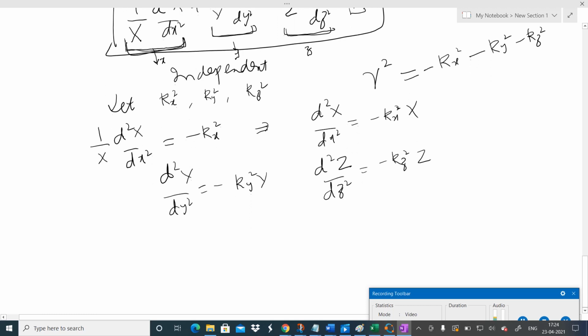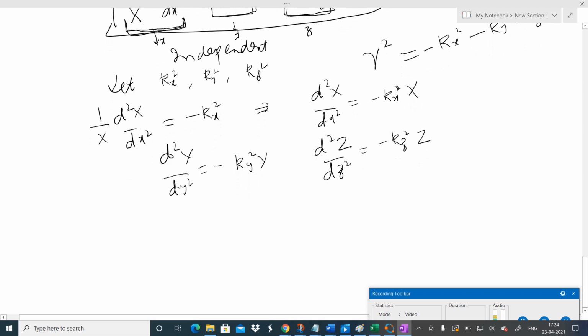So these are now our three equations, and the solution of each of these is very well known. It is a second order differential equation which has sinusoidal solution, which you have studied already. So we can represent x as a sine kx of x plus b cos kx of x. A, b are constants. They will be determined by boundary conditions.